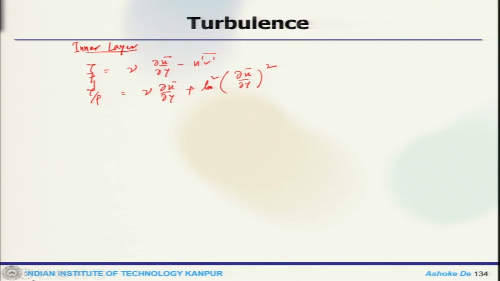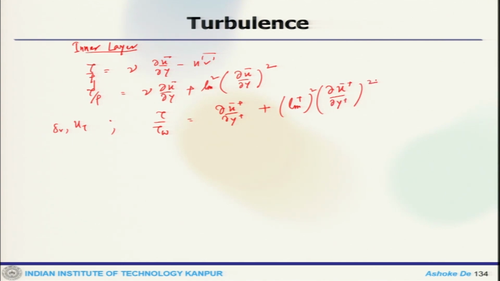Now, we can normalize this by delta v and u tau, so that we get tau by tau w is del u plus by del y plus plus Lm plus square times del u plus by del y plus square.